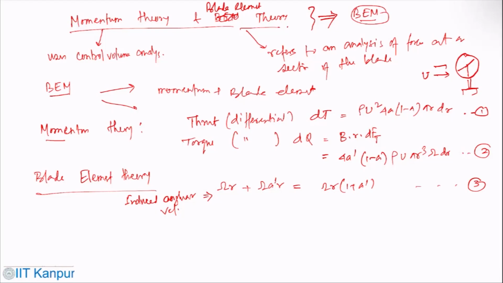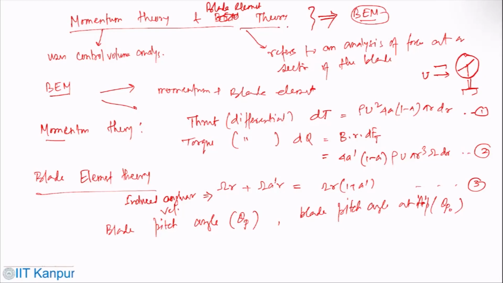Let's say the blade pitch angle is theta p, and if the blade pitch angle at the tip is theta p0, then the blade twist angle is theta t, which is theta p minus theta p0.